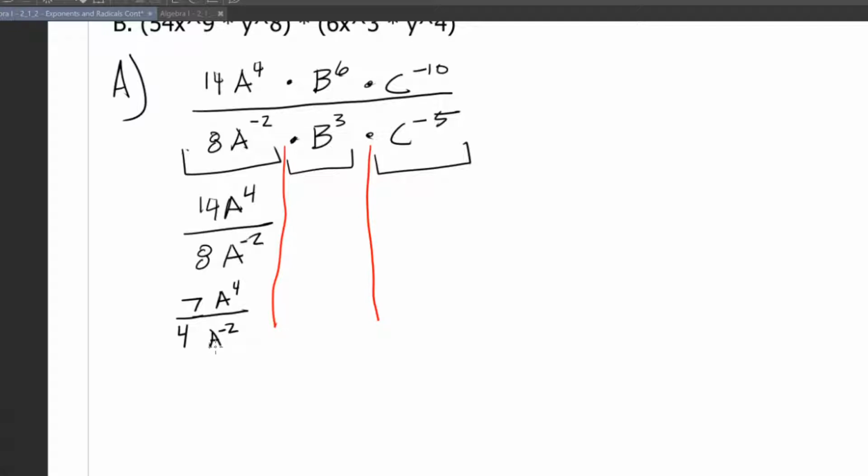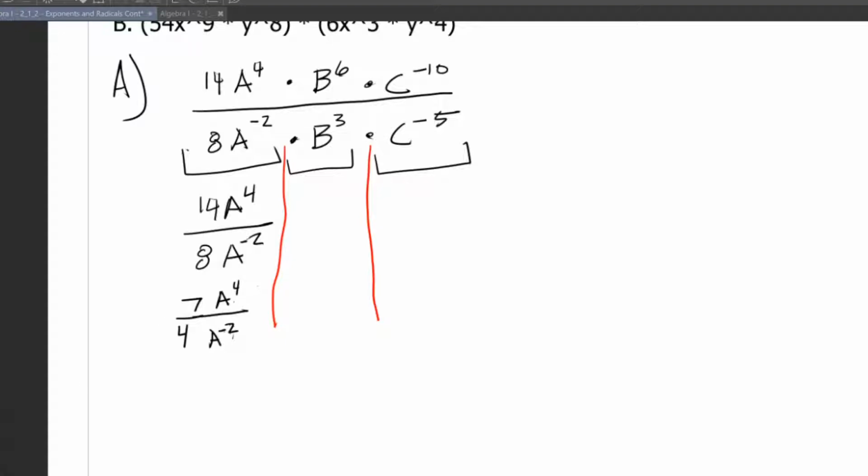Now we know A to the negative 2, you can do 2 things here. Whenever you're dividing exponents, you subtract these 2. So that would be 4 minus negative 2, which would give us a 6. Or you can move this up and add them, right?